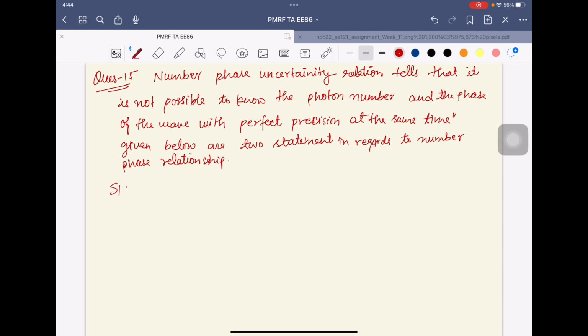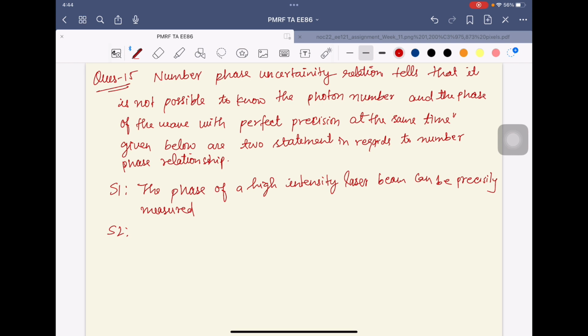Statement 1: the phase of a high intensity laser beam can be precisely measured.